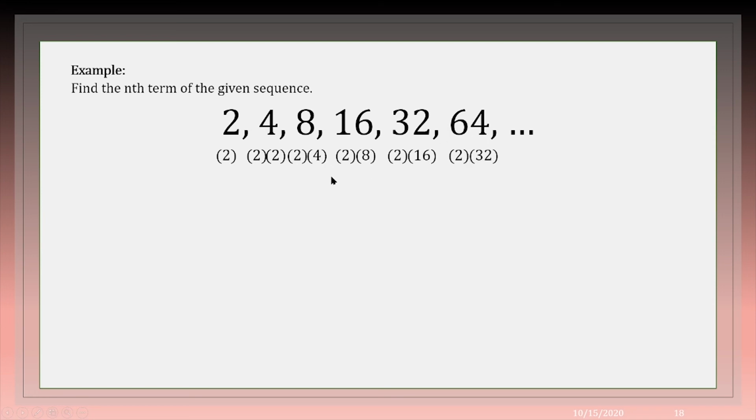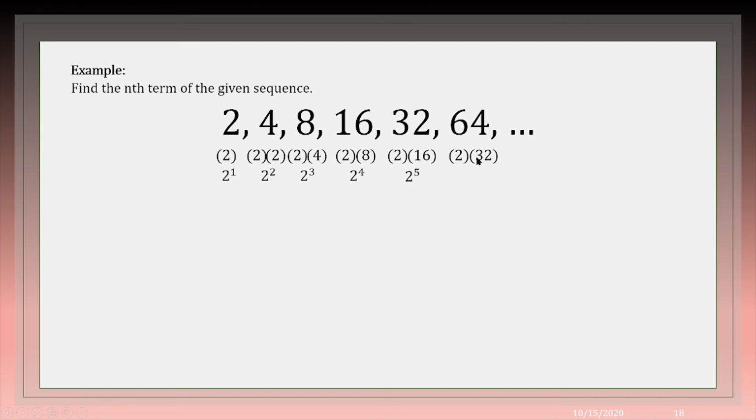Kapag nire-write natin siya into exponential form, n ay 2 to the power of 1, kasi 2 lang naman siya. Itong dalawa, since dalawang 2 natin, so 2 squared. And then, tandaan natin, itong 4 ay 2 squared siya, times 2, 2 cubed. Then, yung pang-apat natin is 2 to the 4th. Pang-lima natin is 2 to the 5th.